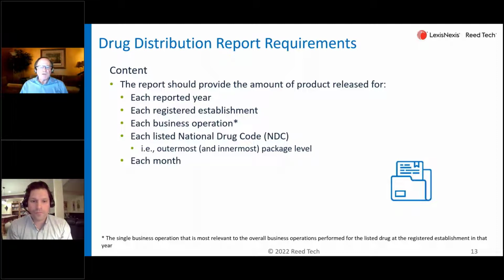Once you have the list of the products in front of you, you do need to pull from your manufacturing and operations team what are the volumes that were actually distributed by month. This is very granular, and some companies had to submit annual reports for BLAs and NDAs and so on, but in ANDAs, that is not granular enough to satisfy this requirement.